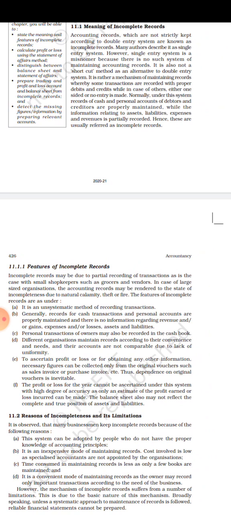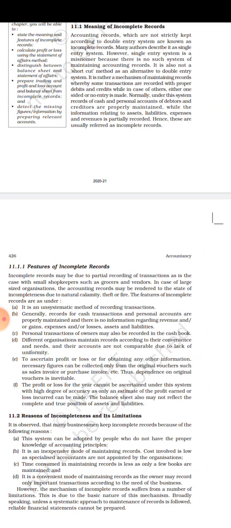To ascertain profit or loss or for obtaining any other information, necessary figures can be collected only from the original vouchers such as sales invoice or purchase invoice, etc. Thus, dependence on original voucher is inevitable.